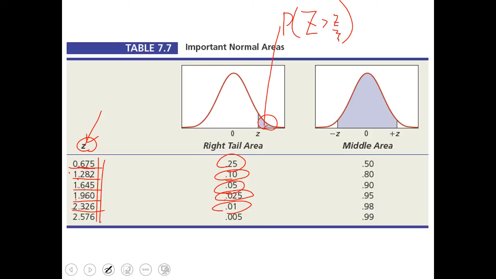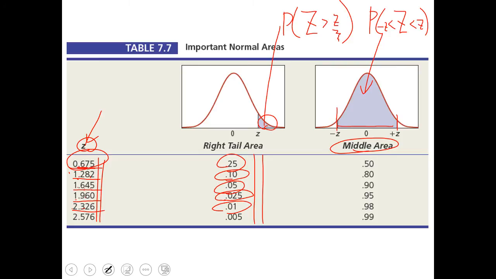These critical values and right tail areas are very important, so you had better keep these values in mind. And the middle area, minus z to z, means the probability that the standard normal distribution is between minus small z and plus small z. If small z is 0.675, then this area is 50% of the total area. If small z is 1.645, then it covers 90%.